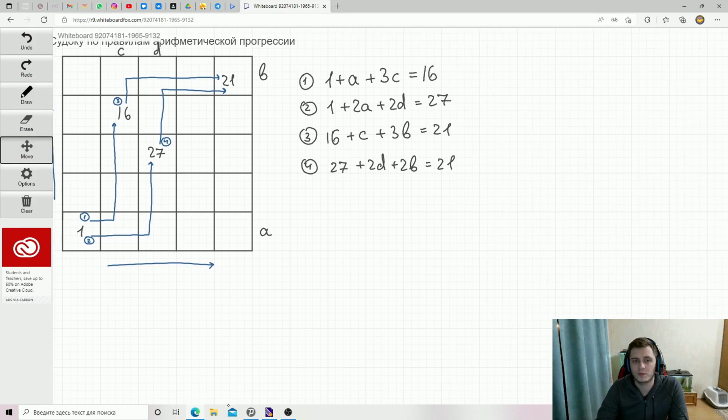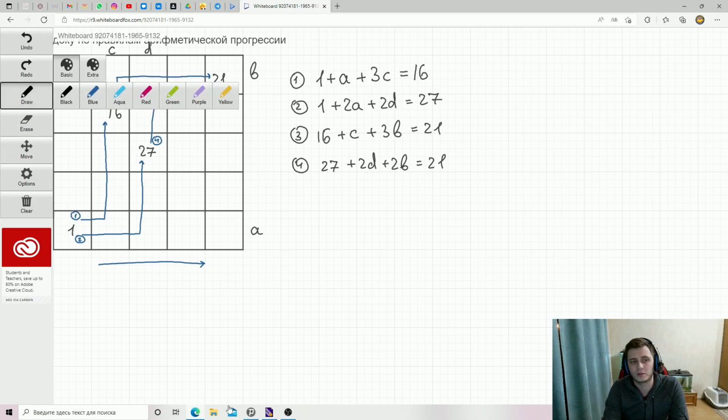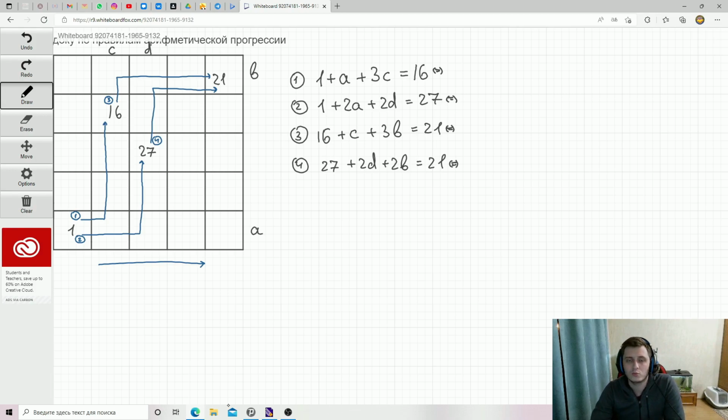Well, we can immediately notice that here it is already possible to perform some transformations in these equations in order to make them a little simpler and continue working with them. Let's move the unit to the other side. We get that a plus 3c is 15. In the second equation, we also transfer the unit and divide everything by 2.